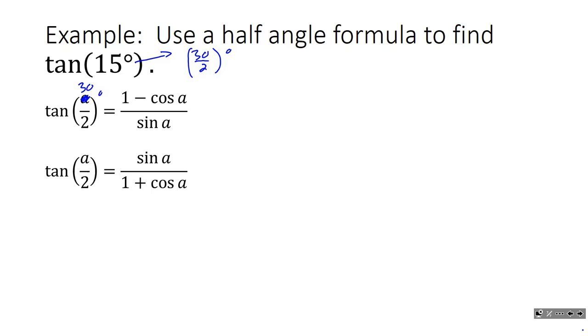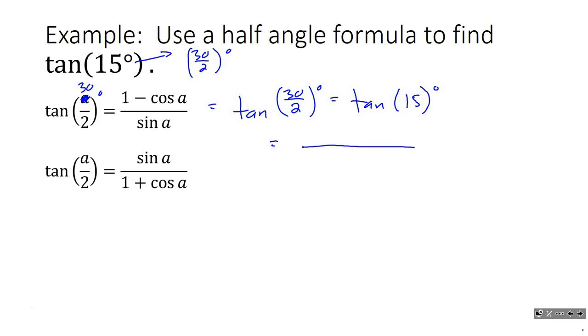So I'm going to use the first of the two formulas. So I write it out. Tangent of 30 over 2 degrees, which of course will give us what we want. 30 over 2 gives 15, doesn't it? Now let's use the formula for that. It will be 1 minus the cosine of A. Now A is the 30 here. And that's a value that you should already know, cosine of 30 degrees.